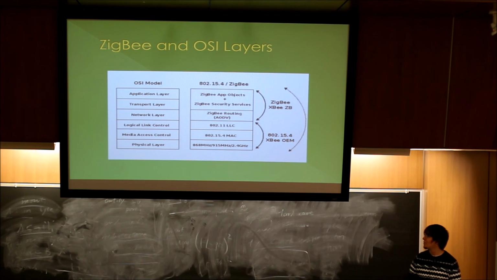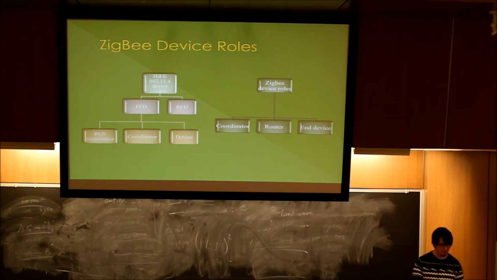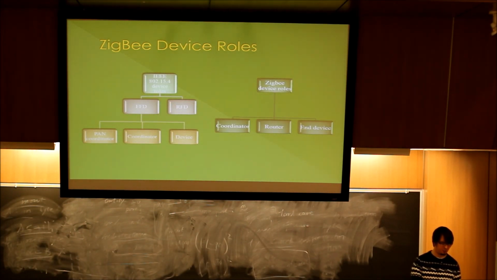So I've got a graphic here that sort of shows the side-by-side for the OSI model, and then the ZigBee stack and the 802.15.4, how they sort of combine on top and cover the entire OSI model. And here we have a list of the device roles.